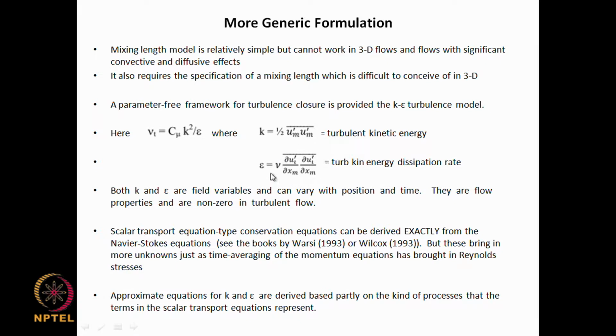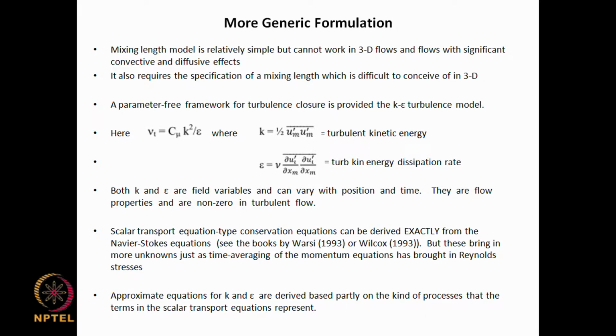So, this term is positive, and the origin for both this and this is in the formulation of a balance equation for turbulent kinetic energy, or the Reynolds stress equation.